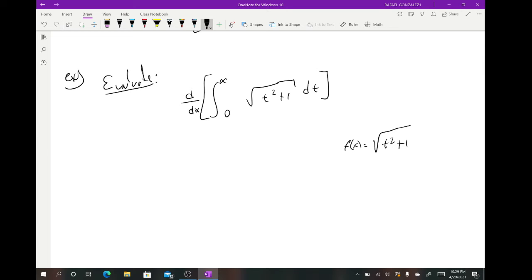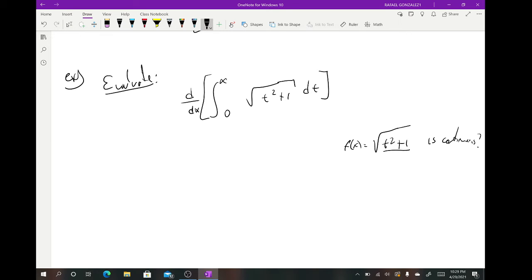So is f of x continuous on the interval that we're given? The square root is continuous so long as the inside is positive or 0. So long as there are no negative numbers in here, our function is continuous.